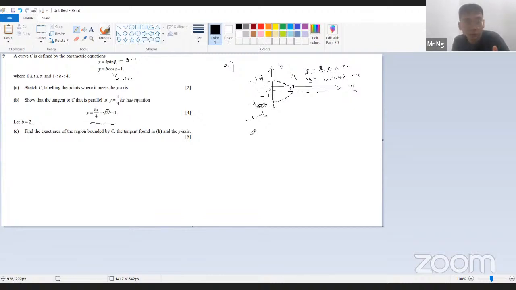So to find the tangent, dy/dx equals dy/dt times dt/dx. So dy/dx is equal to differentiate cosine, differentiate sine, cosine, so negative 4b sine t over cosine t. There is one that is parallel to this thing.